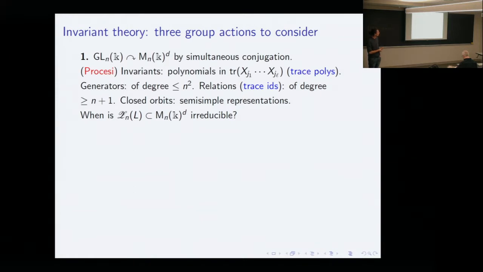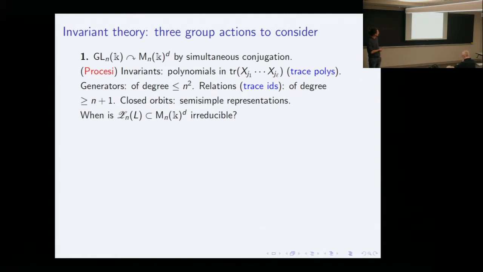And we know that to generate all polynomial invariants we actually just need those that have at most n squared matrices in them. So we have bounds and generators. There's also a lot known about relations, meaning which of these polynomials represent 0, and again there are bounds, like that there are no relations of degree less than n plus 1.